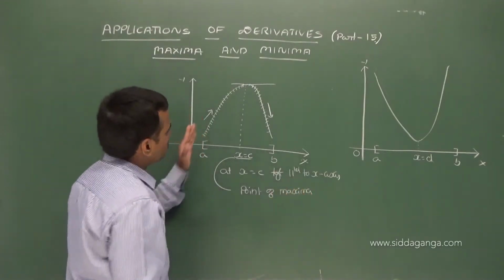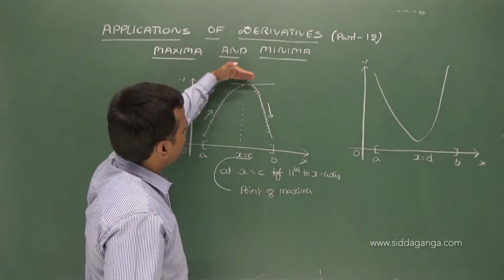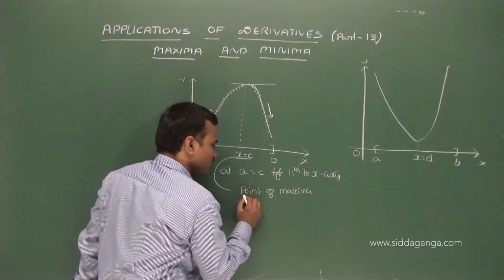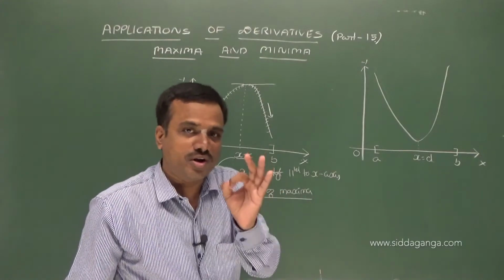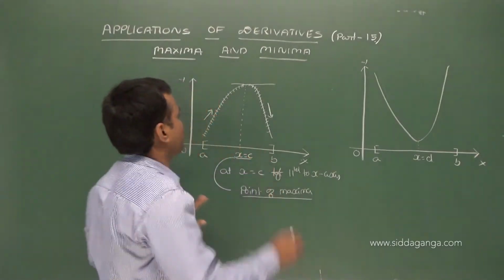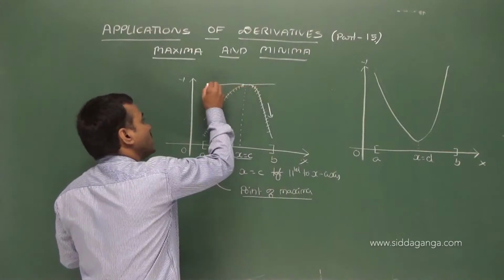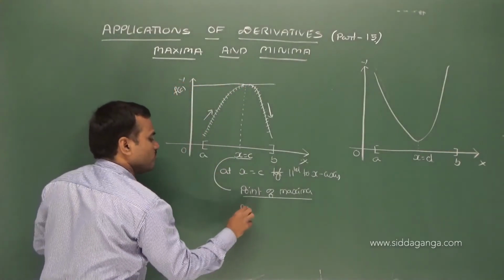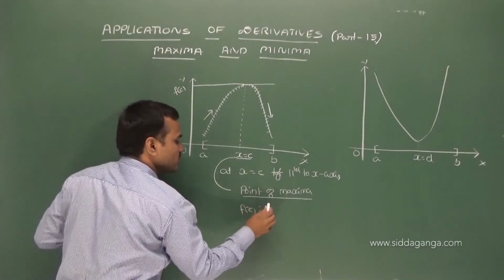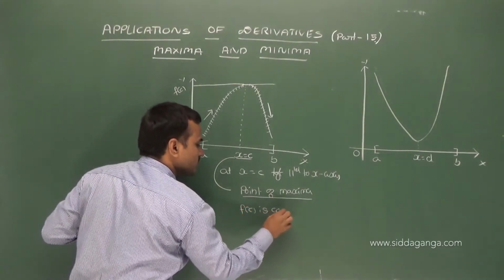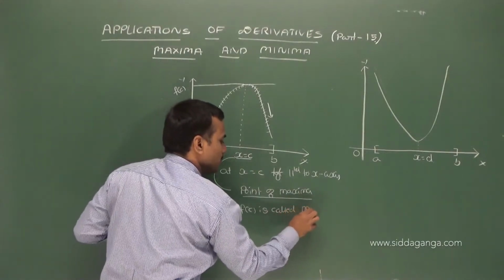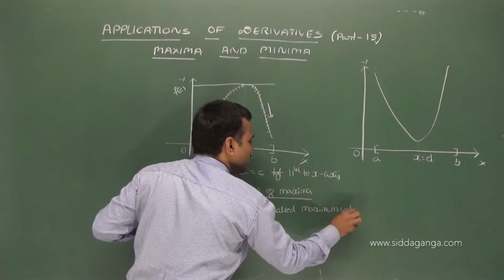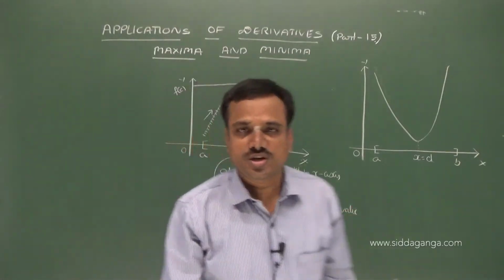If the curve goes on increasing, is parallel to x-axis, and then goes on decreasing, then that point we call the point of maxima. And this range value, f of c, is called the maximum value.